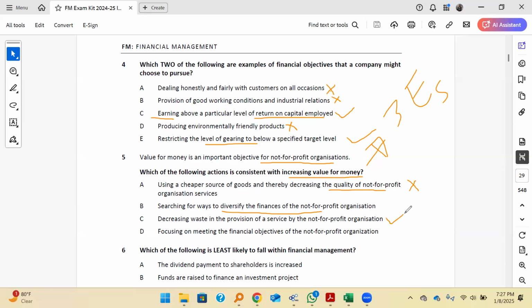This one is something that you can see being in this value for money, where you are looking at decreasing the waste. Okay, and it will be, for example, under effectiveness. For example, you'll be like, okay, maybe my role is to provide education for the community, but then how can I provide education for the community without destroying the environment?